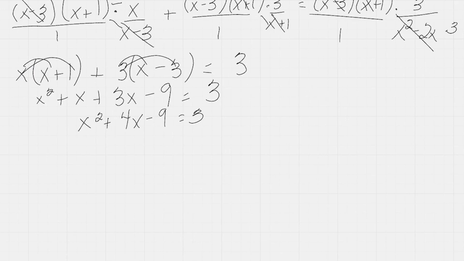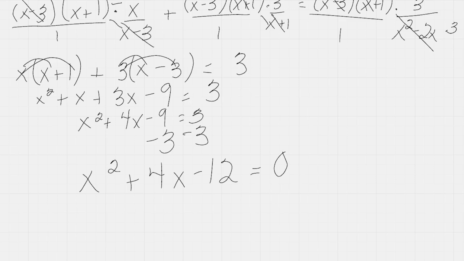Now, when solving this equation, we would like to get it set equal to 0. In order to do so, we're going to subtract this 3 here, subtract this 3 here, and we'll get x squared plus 4x minus 12 equals 0. Now, in order to factor this further, we need to find two values that multiply to c being negative 12, and add to b, which is positive 4.